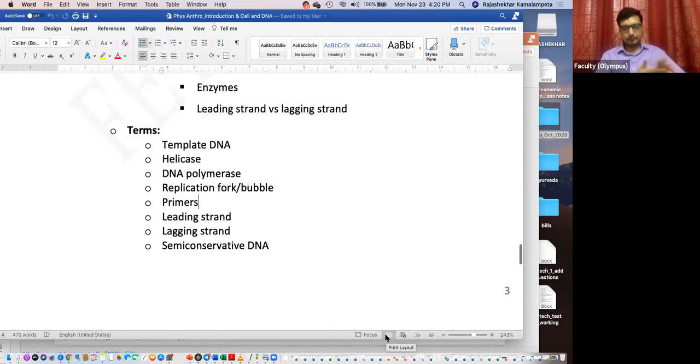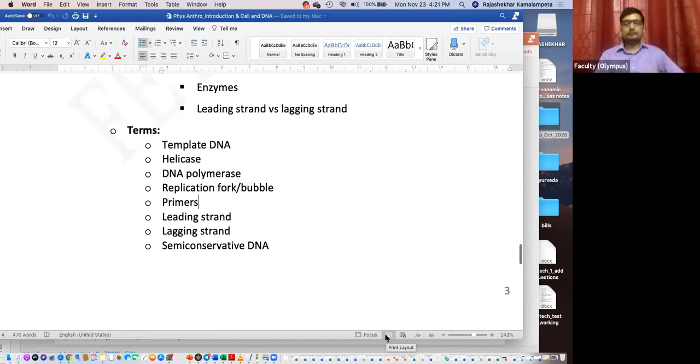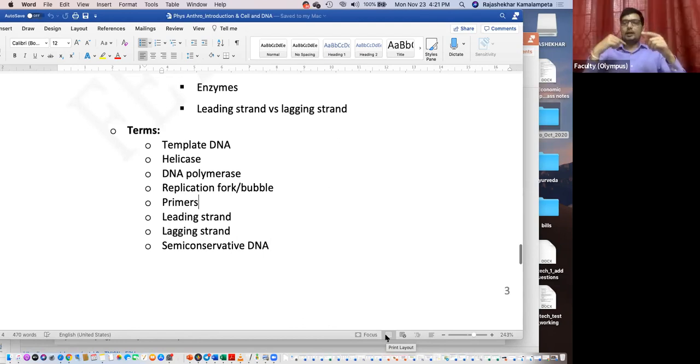Okay, right. Anything else? So leading and lagging are basically the new strands that are added. Leading is the template strand on one side, on the top. The lagging is the opposite side. Continuous and discontinuous strands are the products. The one that is leading the process, the one that is lagging the process, so it is referring to the template.